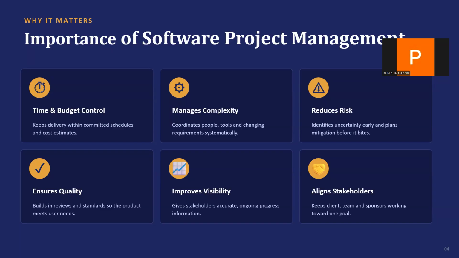It ensures quality, building in reviews and standards so the product meets user needs. It improves visibility, giving stakeholders accurate, ongoing progress information. And it aligns stakeholders, keeping the client, team, and sponsor moving towards one goal. So without SPM, software projects don't just run less efficiently, they tend to fail outright.